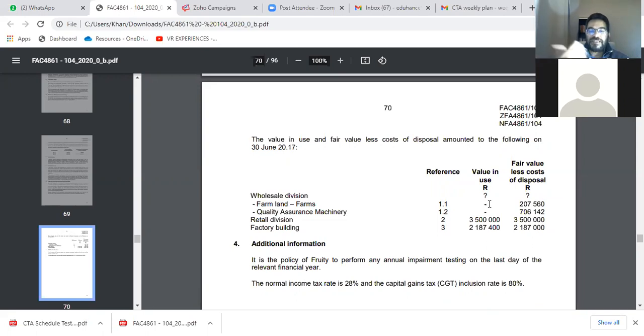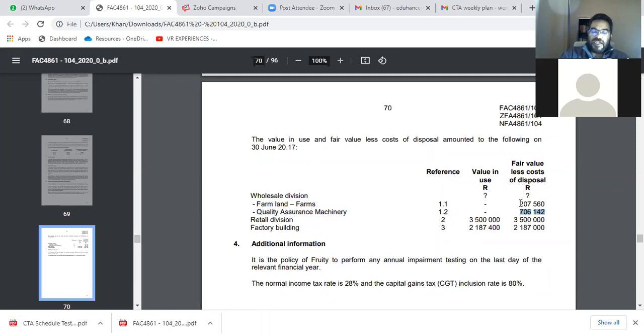That makes sense because they told us in note 1 that the farms nor the machinery can generate cash inflows independently. Because they can't generate cash inflows independently, you can't calculate a value in use. But they're giving us a fair value less cost of disposal. Then we have quality assurance machinery, and there we can see it is 706.